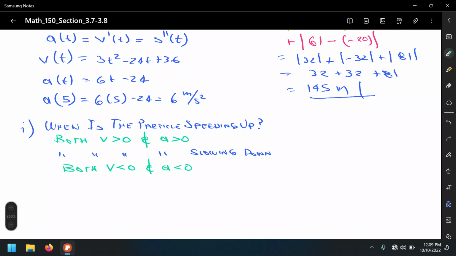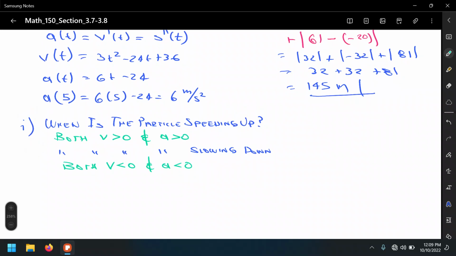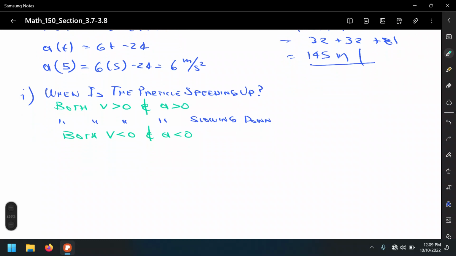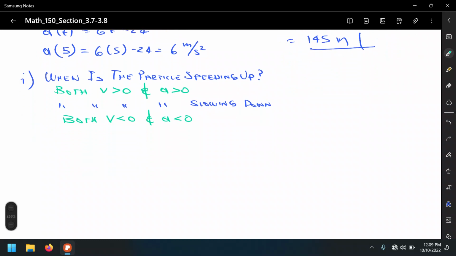Alright, we already solved that inequality for velocity when we covered this last time. So in this case we need to solve the inequality for the acceleration. So for acceleration, number one, let's set up an inequality a of t greater than 0 to find out the interval in which the acceleration is positive.